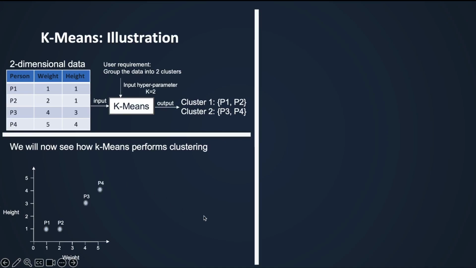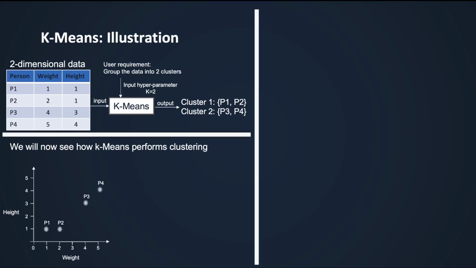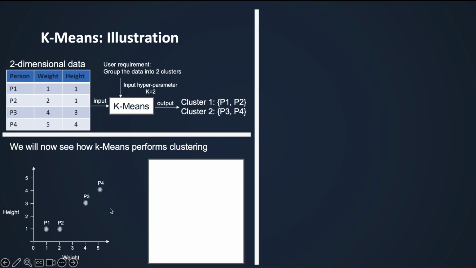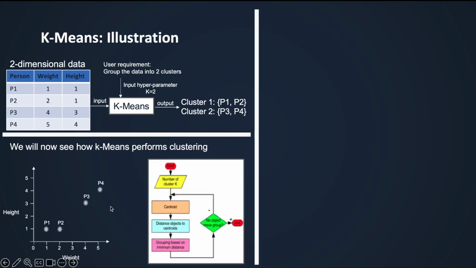Similarly, we put points for persons P3 and P4. Given this data, we now apply the k-means algorithm to perform clustering. The working of the k-means algorithm is given here. We will now perform a step-by-step process to cluster the given data.